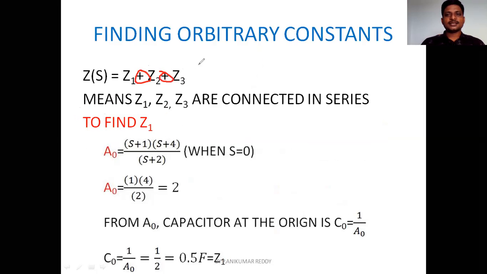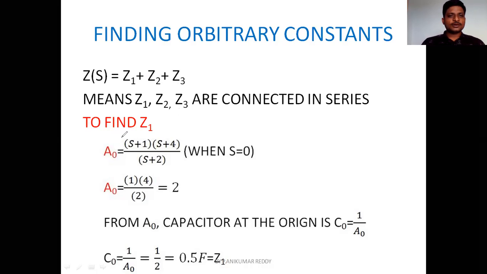Plus means in series. We are going to disintegrate the given function into Z1, Z2 and Z3, and finally connect them in series in the form of a diagram, because we are using the plus sign here.